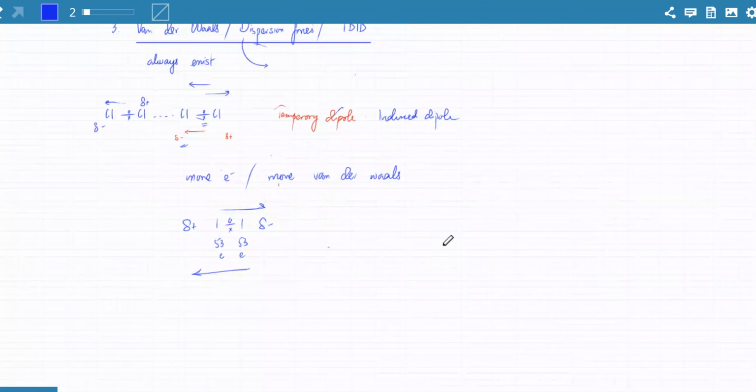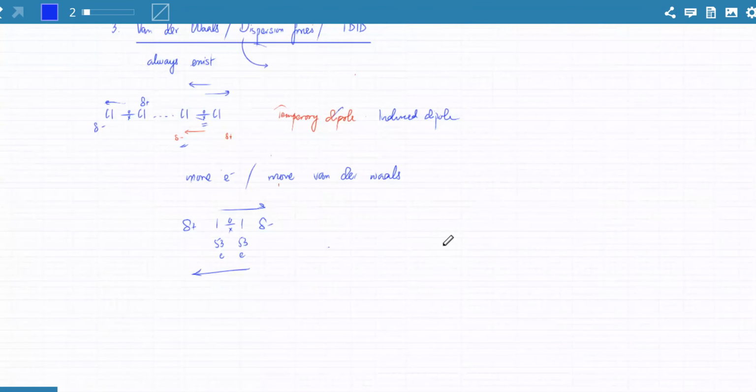So the temporary dipoles that would be created, they would be significantly stronger. So remember van der Waals forces. If you have more electrons, you're going to get more van der Waals forces. So remember, bigger molecules will always have more van der Waals forces. Right? Is this clear? Yes, sir.